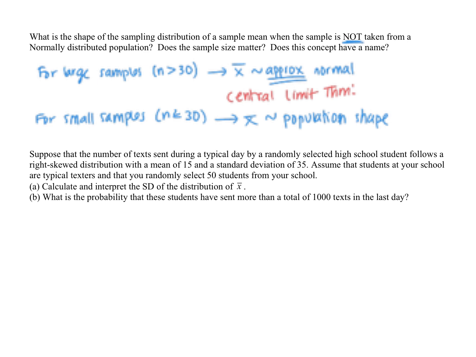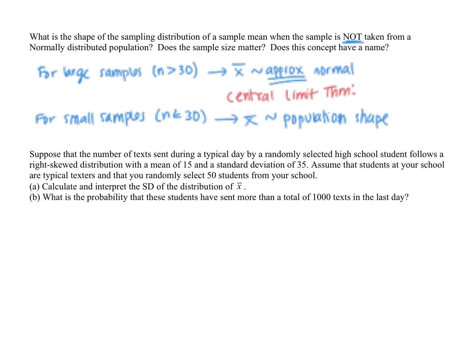Okay, so we've got one more example to do, and then we just have a few notation things to talk about. Suppose that the number of texts sent during a typical day by a randomly selected high school student follows a right-skewed distribution with a mean of 15 and a standard deviation of 35.